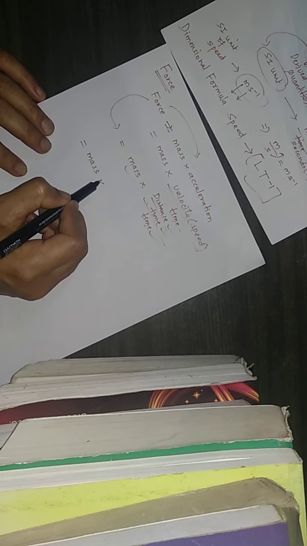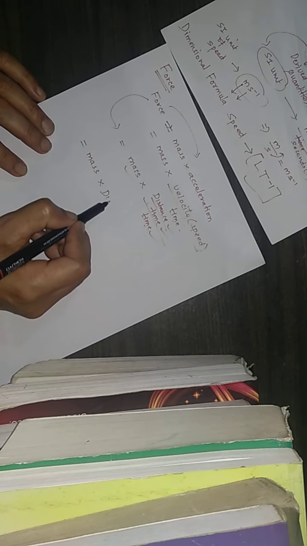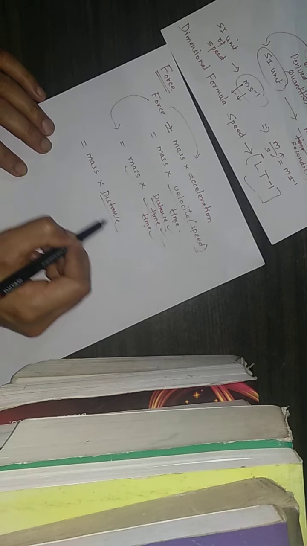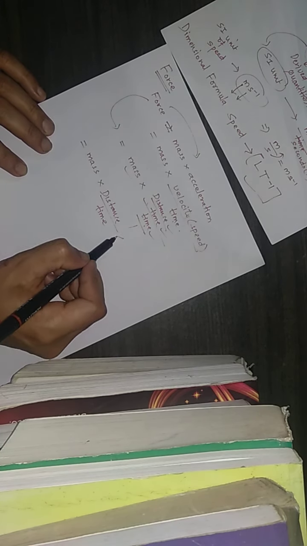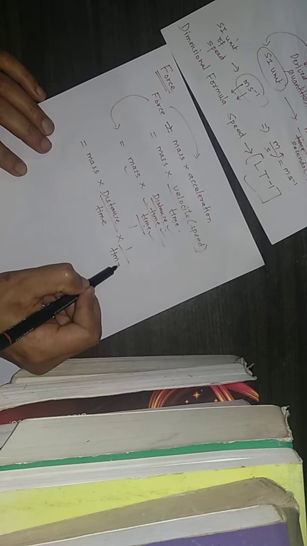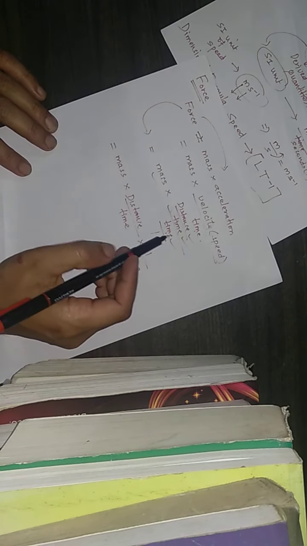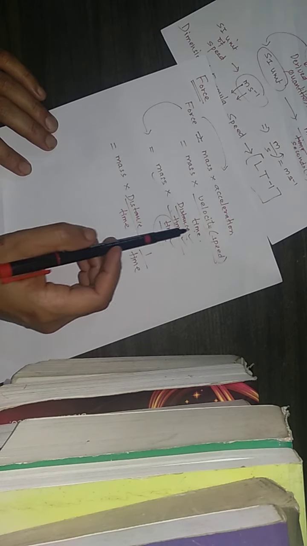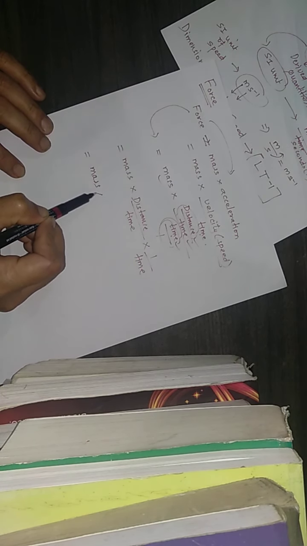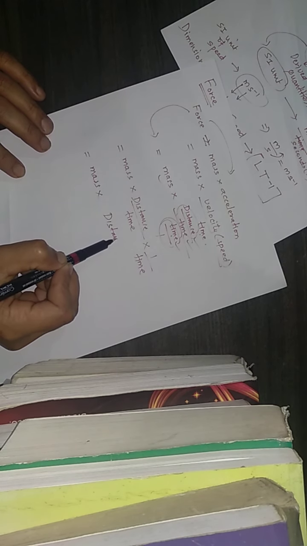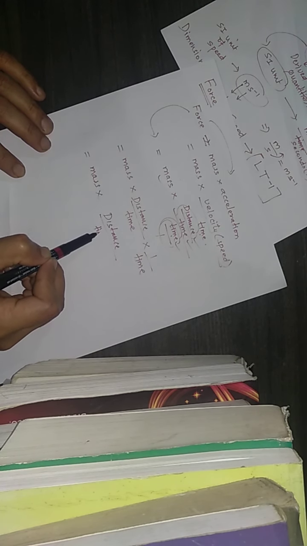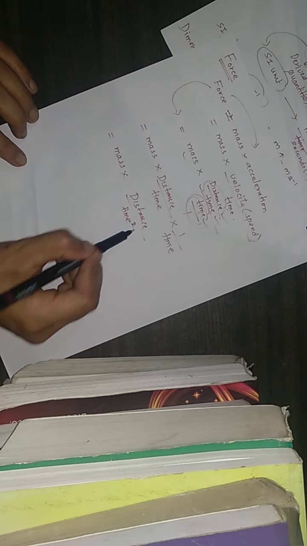So rewrite this: mass into distance by time, and when you multiply the two, it will be 1 by time into time, so mass into distance by time square.